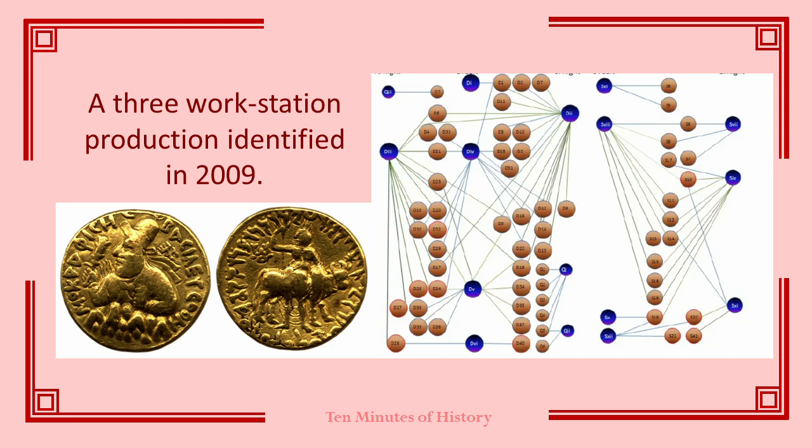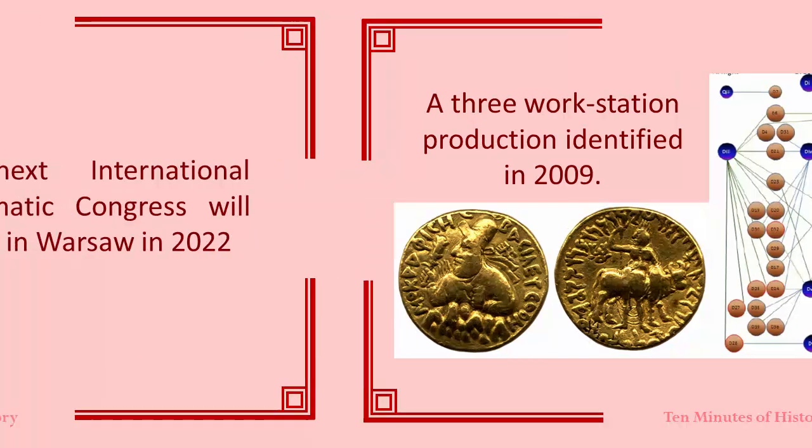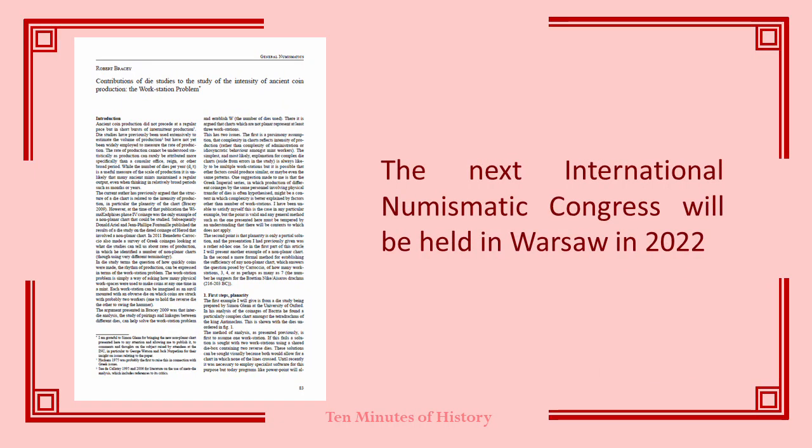Since then, other non-planar die charts have been found, and they are increasingly giving us a sense of when mints made coins intensely and when they did so at a relaxed pace. There is still a lot more to do on this. The paper I put online discussed some of the ways we could try to make sense of these charts, but it also left a lot of open questions.